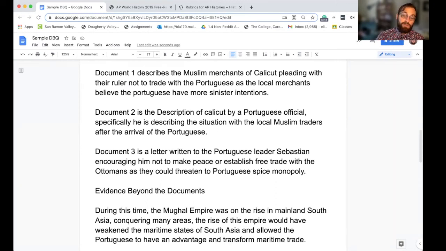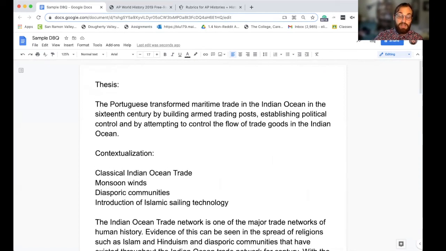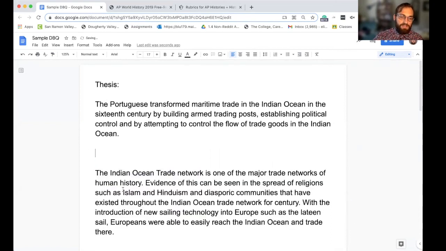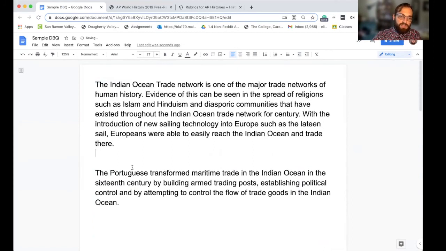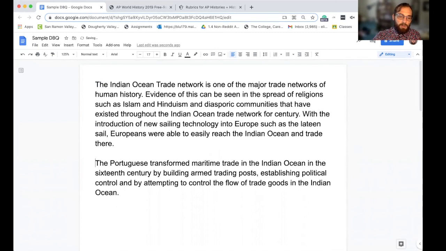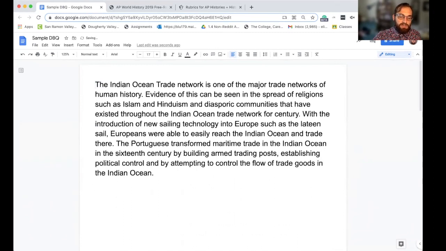The last thing I want to do is take all of these and put them together in a single cohesive written statement that makes it easy for the reader to read, because we do want to be nice to the reader. First, I'm going to delete this, and I'm going to take my context statement and put it up here above the thesis. We're going to blend them together so they jive nicely. There we go.